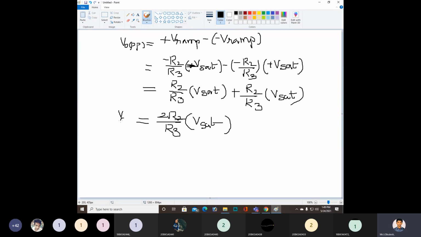This is the output voltage for peak to peak. This is the peak to peak amplitude of the triangular waveform. Sometimes you will have a positive V saturation, or sometimes you will have negative V saturation.